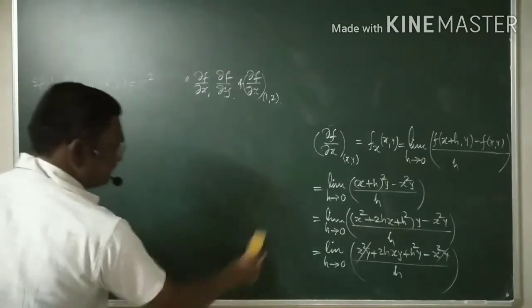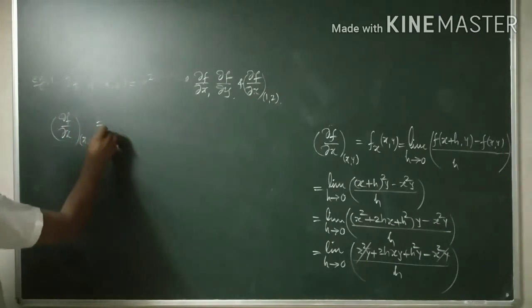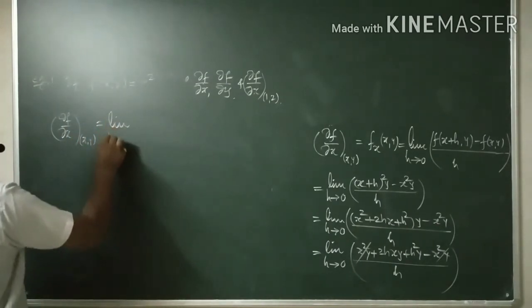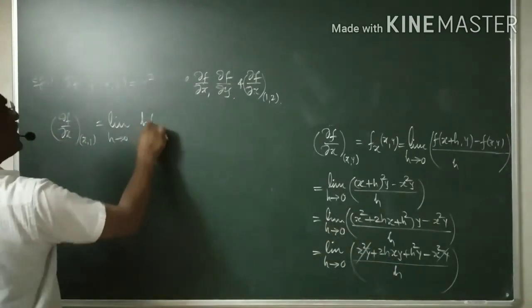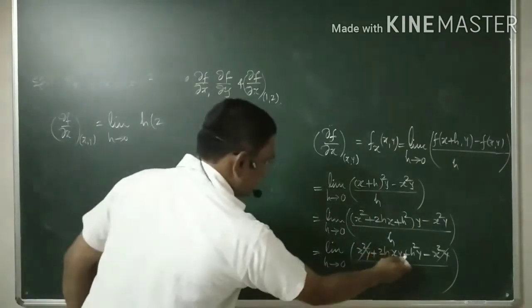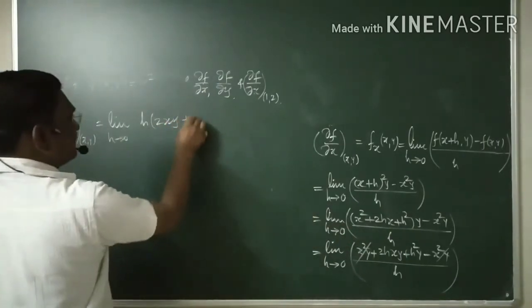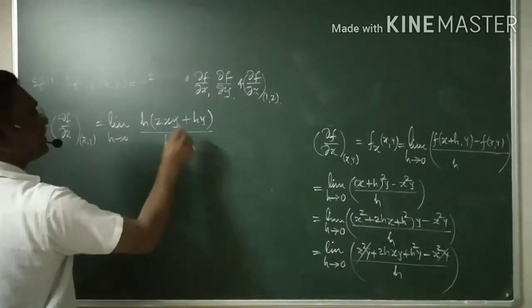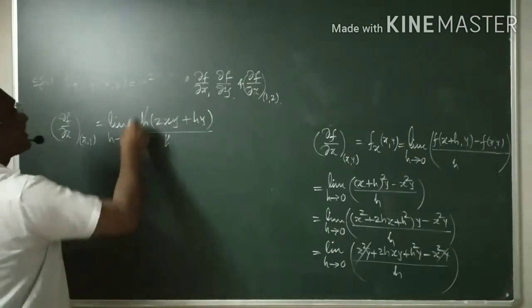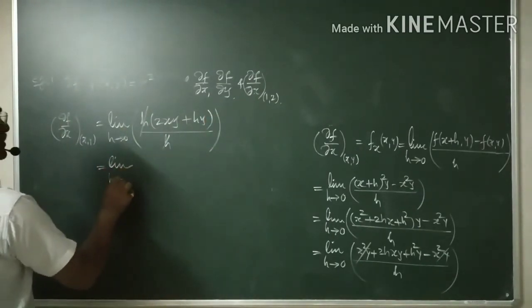What you are getting here is ∂f/∂x at any point (x, y) is equal to the limit h tends to 0, taking h common, 2xy plus hy, right? Divided by h. So this h again will get cancelled.